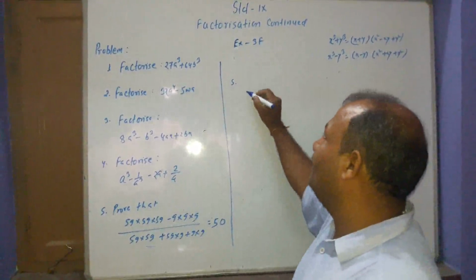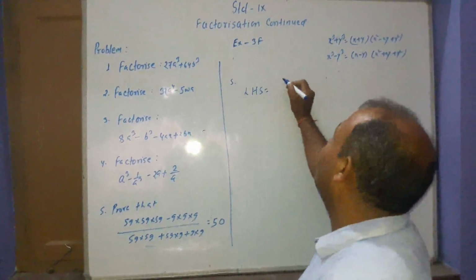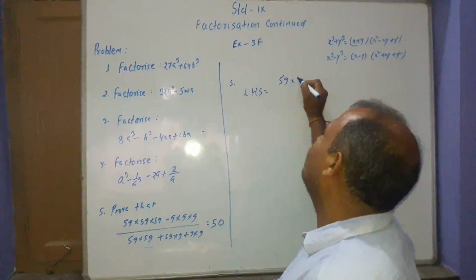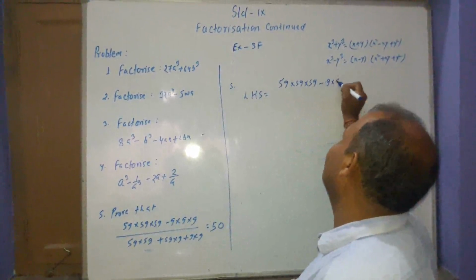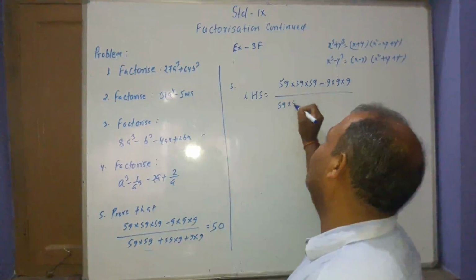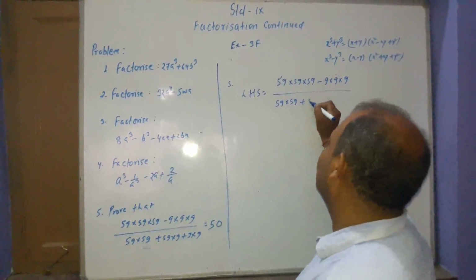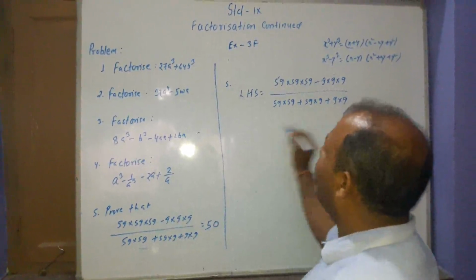Now we start from the left hand side, that is LHS. What is that? 59 into 59 into 59 minus 9 into 9 into 9 by 59 into 59 plus 59 into 9 plus 9 into 9.